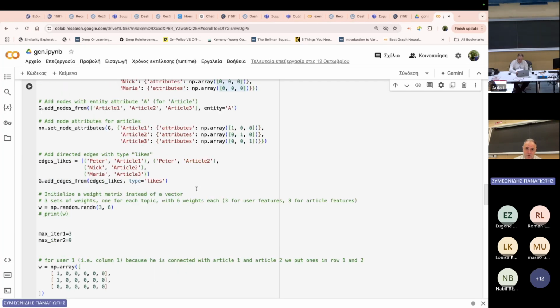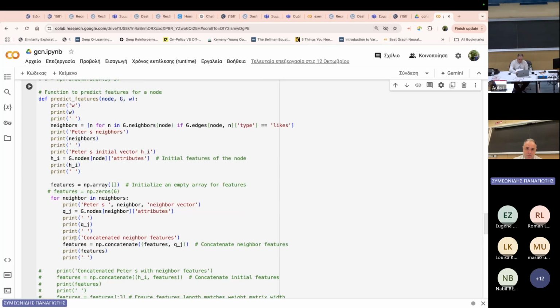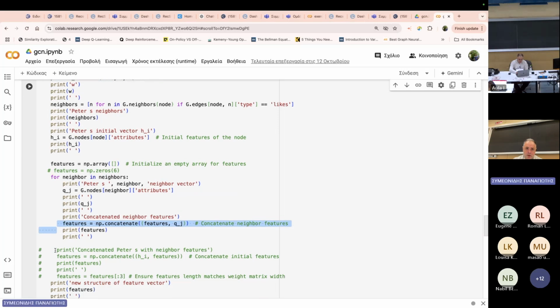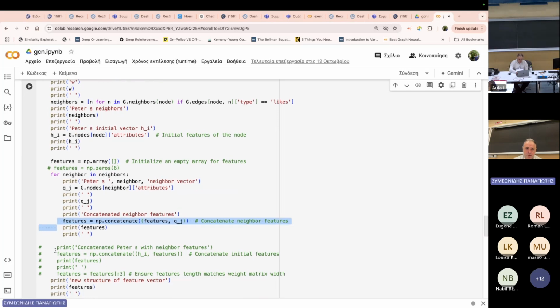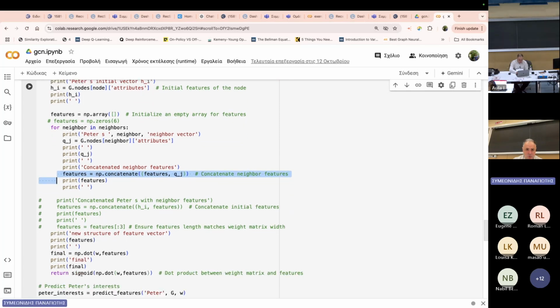As you can see here, we have the concatenation aggregation function, and we use the sigmoid activation function, and we take the product of the weights and the features of the node.